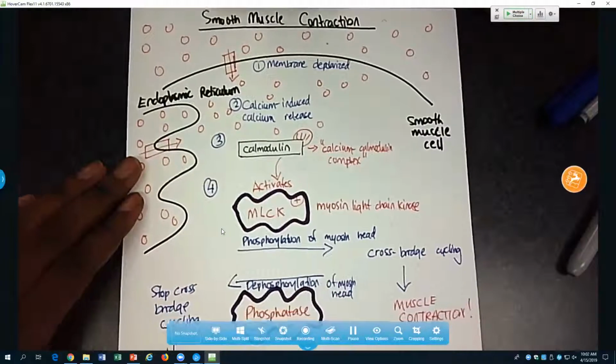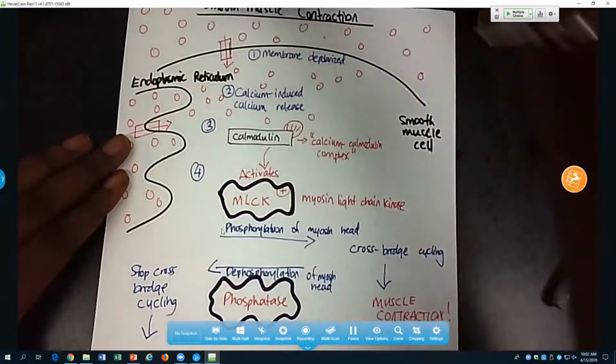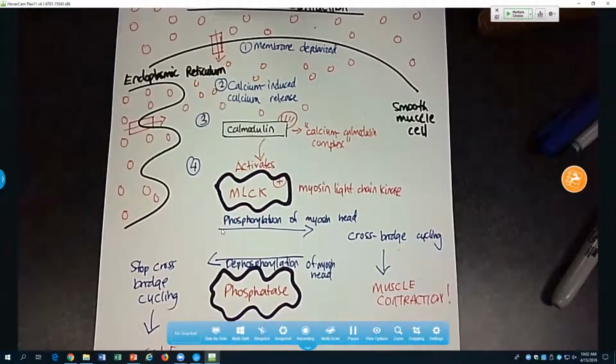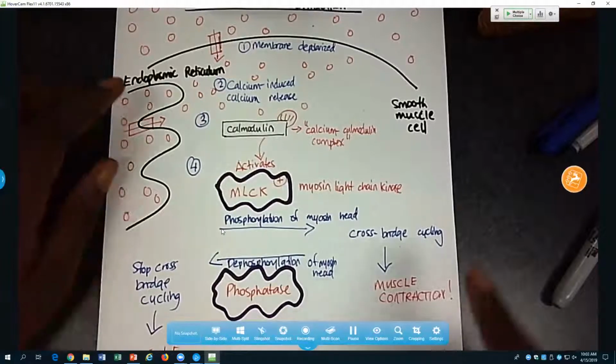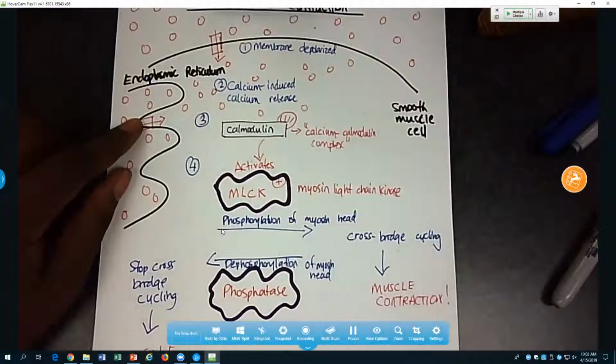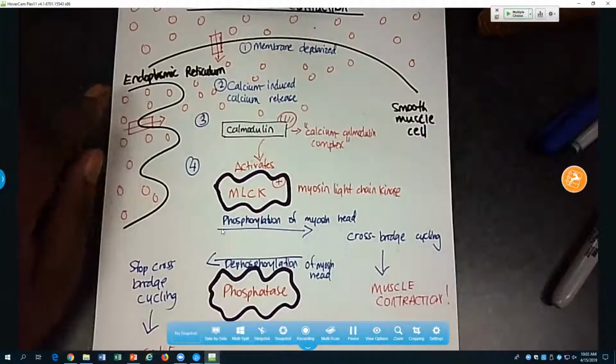Okay? And so what we really want to understand here is that depending on the level of calcium, just the way calcium was crucial to skeletal muscle contraction, it's also crucial here. But the important differences are, one, it's going to come from two sources. So in skeletal muscle contraction, we had one source of calcium.